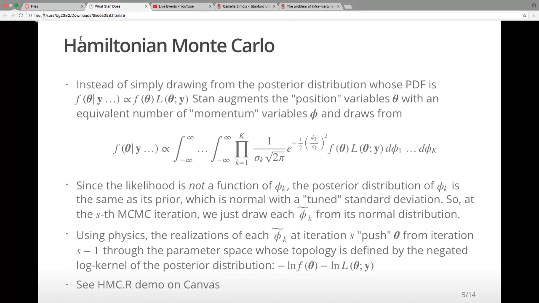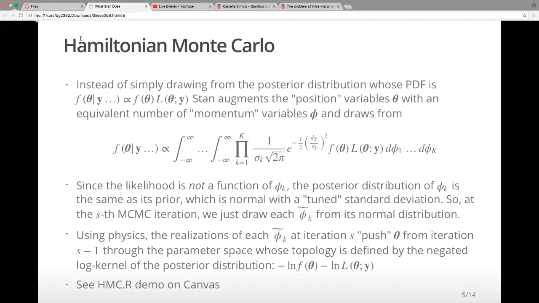But because its posterior distribution is the same as the prior, because it doesn't enter the likelihood and is unaffected by the data, at each iteration of the MCMC process, we can just draw a realization of phi k from its normal distribution with mean 0 and whatever standard deviation.